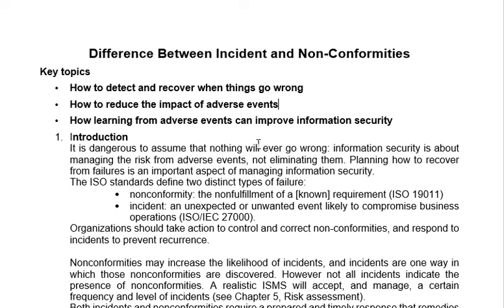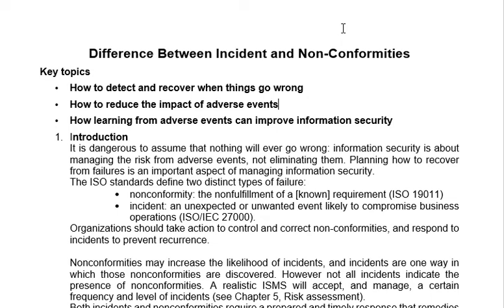It is very dangerous to assume that nothing will ever go wrong. If you have identified the information security or cyber security risk and accordingly you have appropriate controls, that doesn't mean things will not go wrong.